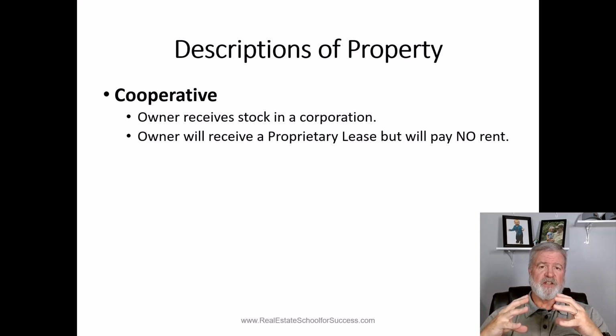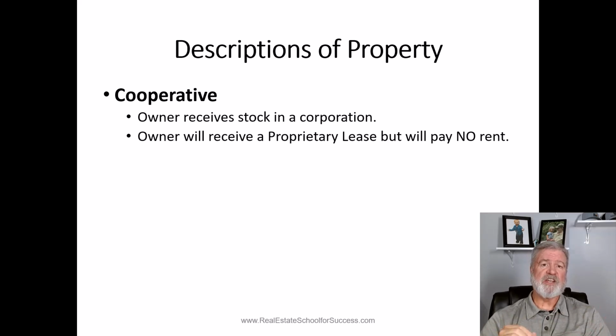But again, what do you own? All you own is stock in the corporation. So you don't own the building, you don't own the unit, you own stock. If you buy a condominium, it will be deeded to you, just like buying any other kind of real estate. But that's not the way it works with a co-op.